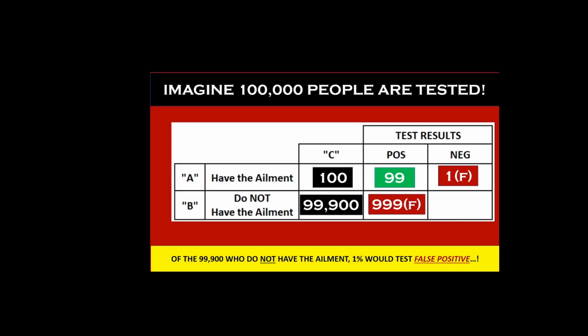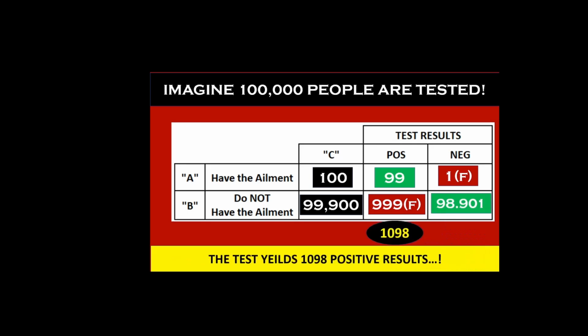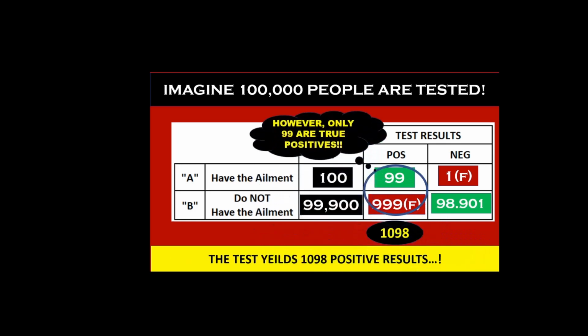That is, they would be told that they actually have the disease when they don't have the disease. And 98,901 people would be told correctly that they do not have the ailments. The tests yield 1,098 positive results. However, only 99 are true positives.